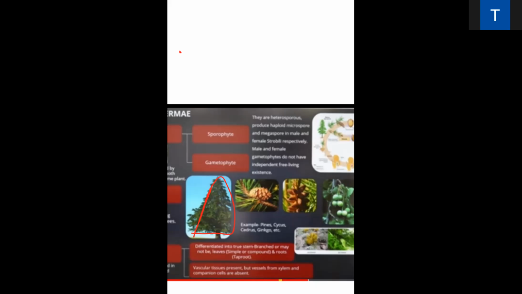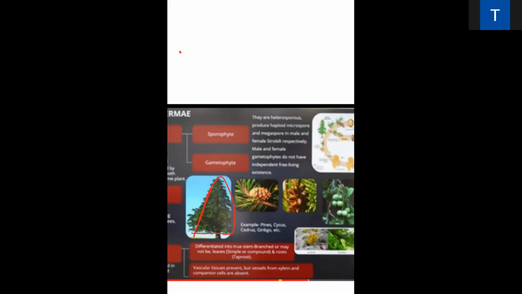Ginkgo biloba is a living fossil which existed on the earth when dinosaurs did. The Forest Research Institute, one of the very famous forest research institutes in Dehradun, is known as FRI. As I told you two minutes ago, a Ginkgo biloba tree is planted there.